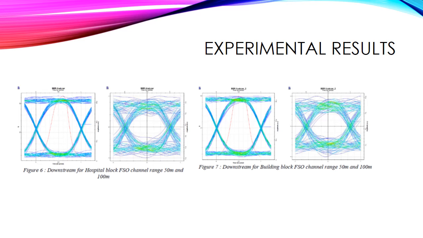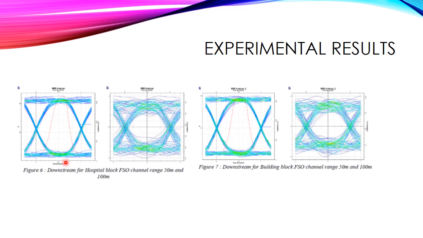Okay, so the experimental results. Now when simulating this design, you can see here in this figure we got downstream results for the hospital block. For the free space optical channel, this is 50 meters, and this one is for 100 meters.